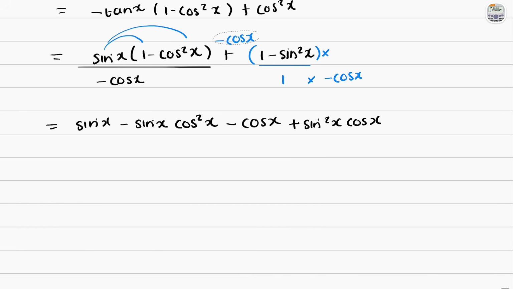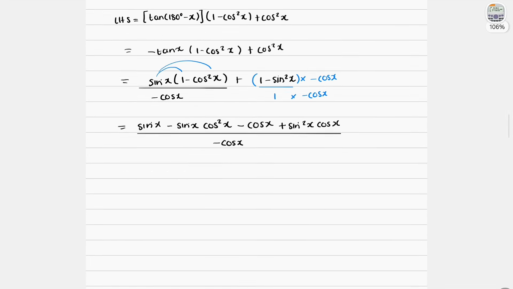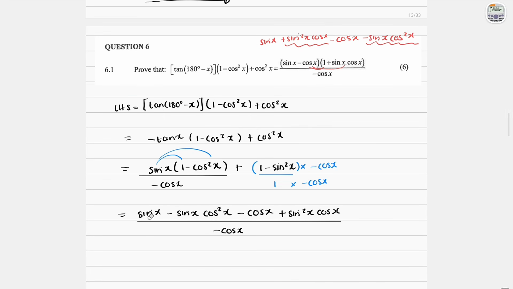That's what happened there. And then it goes all over, because they both have the same denominator and we are adding these fractions. I already simplified that. We're just going to write them all over the same denominator of negative cos x. Let's just see, is this what we have there? We've got our sine x, our negative sine squared x cos x. You can see that these two should be put together.